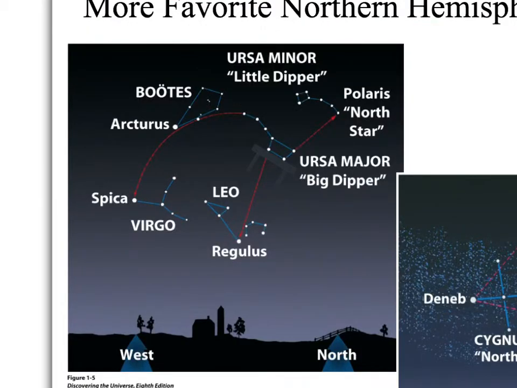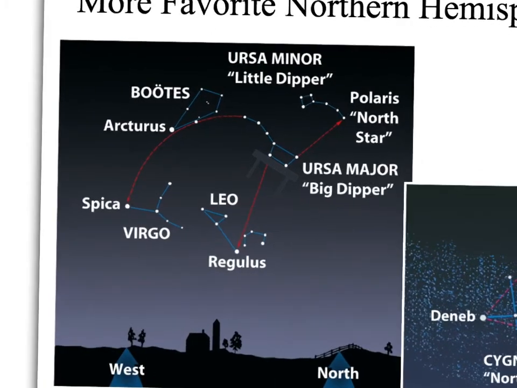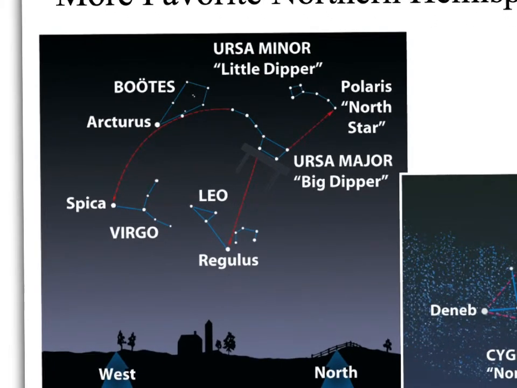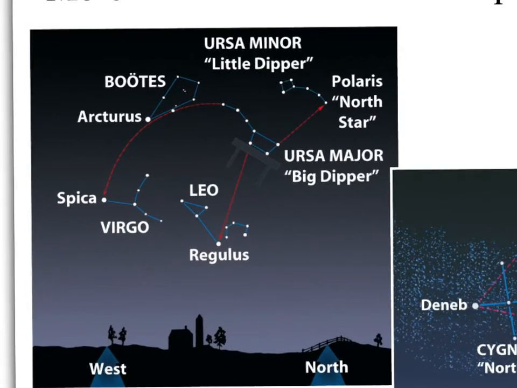So just another couple figures with some constellations. An important constellation, because it is one that I know at the observatory people are like, oh, I found the Big Dipper. And actually, sometimes I don't have the heart to tell them, the Big Dipper in and of itself is not a constellation.